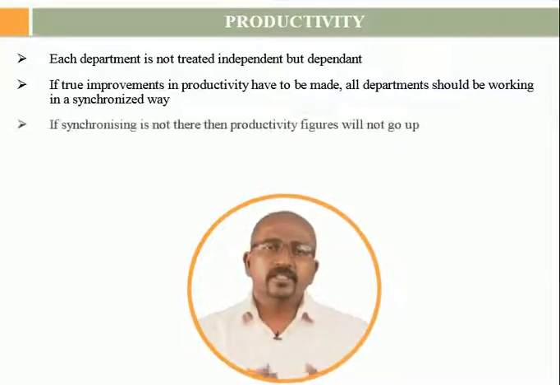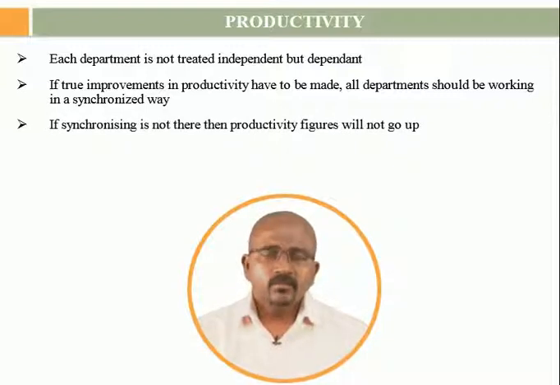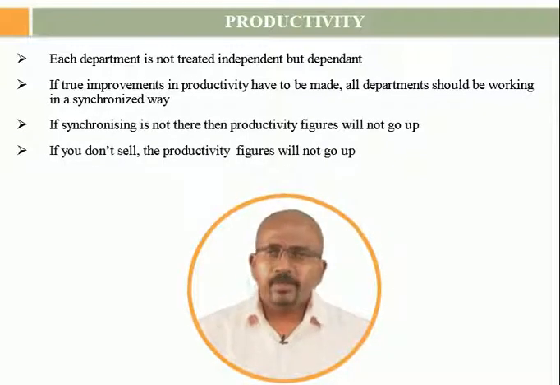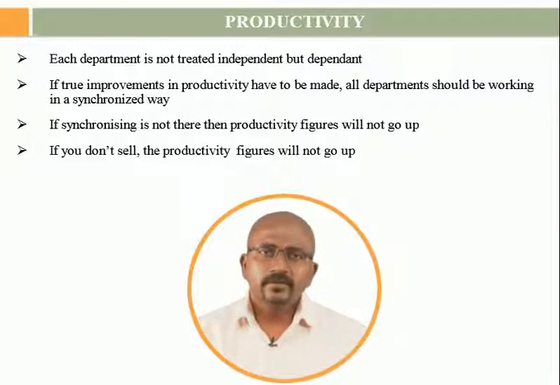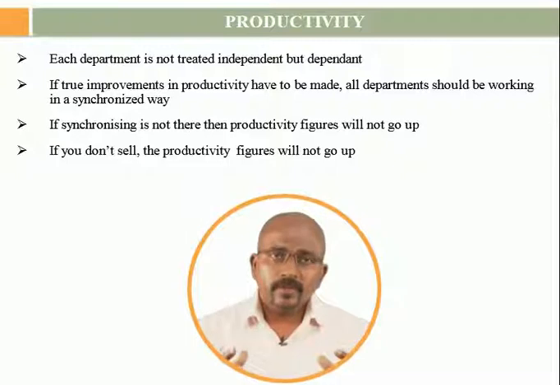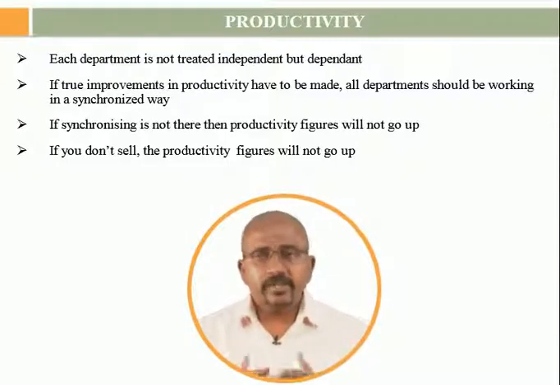If this synchronization is not there, you can see the productivity figures not going up. If you don't sell, the productivity figures will not go up, because they are based on true selling, throughput divided by operating expense for the period.